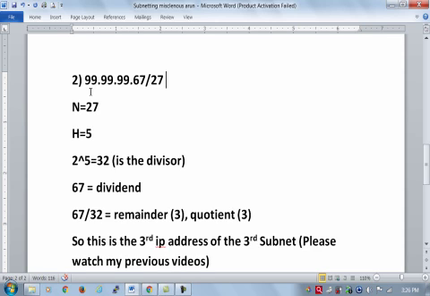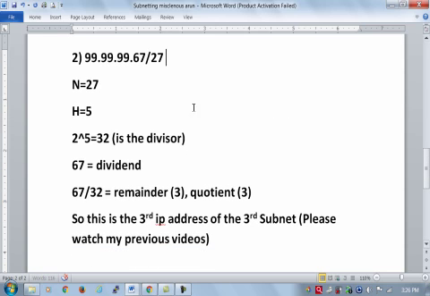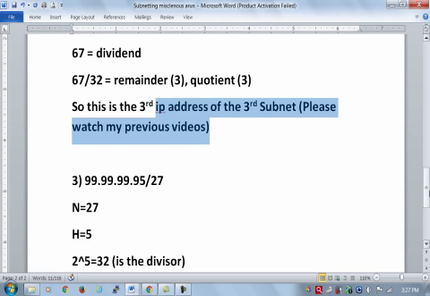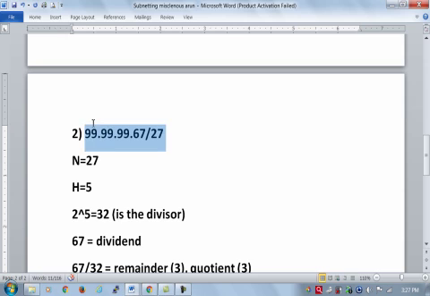Then I had my network address 2 as 99.99.99.32/27, and my third network address, that is 99.99.99.64. So that became my third subnet. Okay, 1, 2, and 3. Inside the third subnet, my first IP address will become 65, my second IP address will become 66, and my third IP address will become 67. So this is my third host IP address of my third subnet.